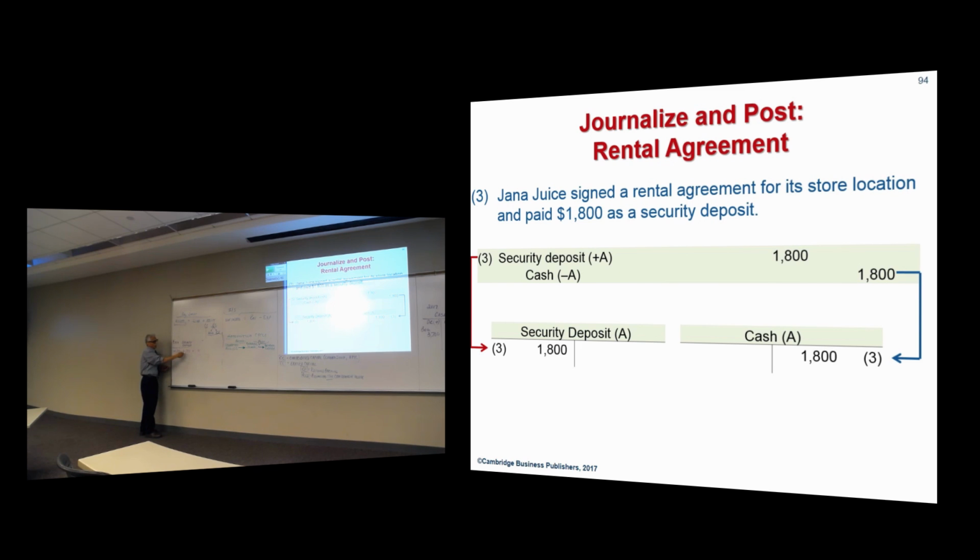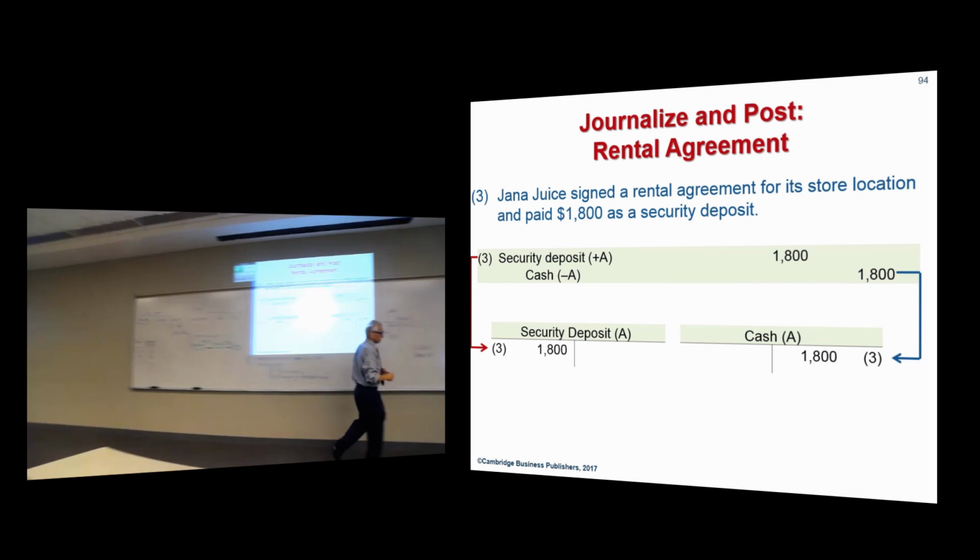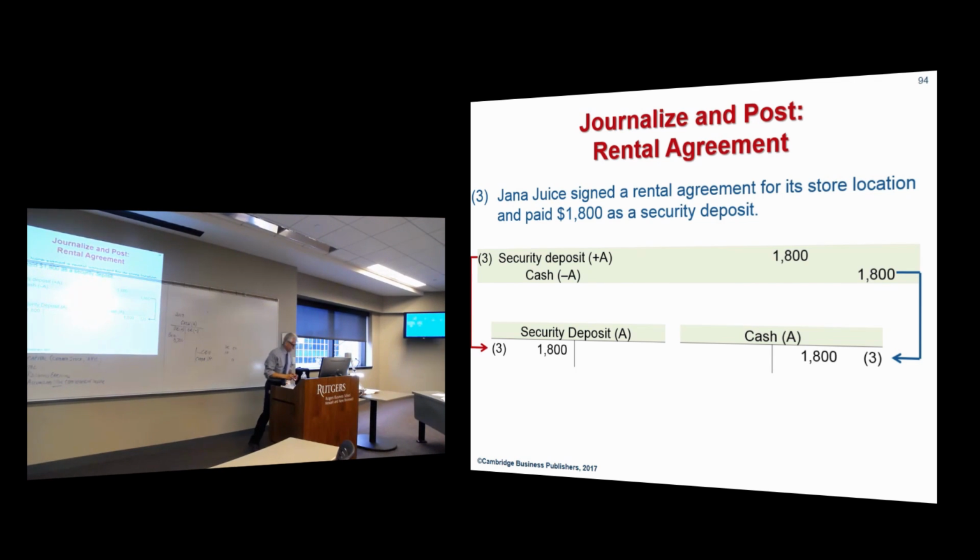Assets increase by 18, so we debit the security deposit. Cash goes down by 18, so we credit. And that's what you're seeing there, and then we post them to the tables. So the transaction analysis, you don't have to, but it kind of starts with the equation.